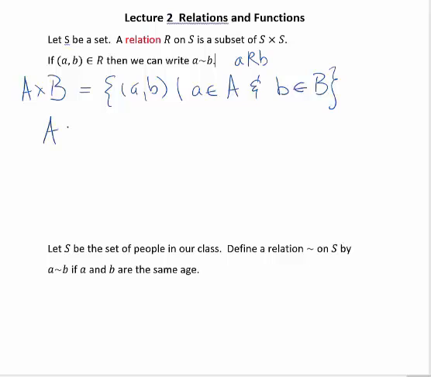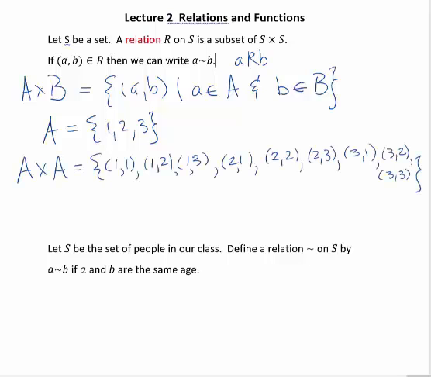Let's say that A is the set containing 1, 2, and 3. Then A cross A is this set of 9 ordered pairs that I wrote here. All ordered pairs where the first coordinate comes from A and the second coordinate comes from A.